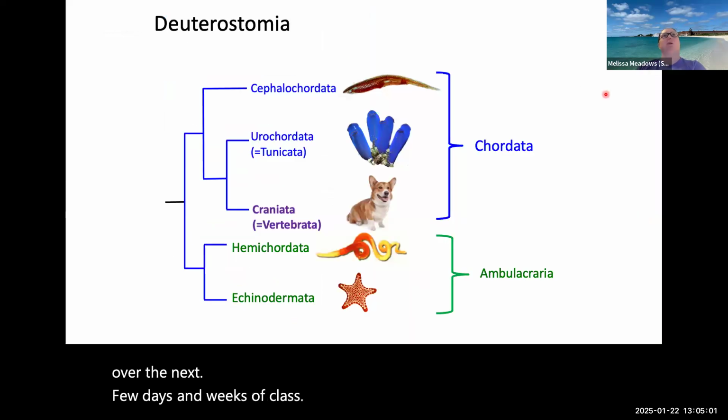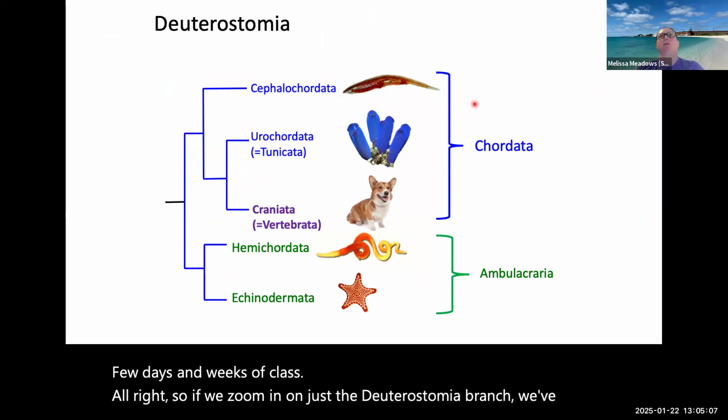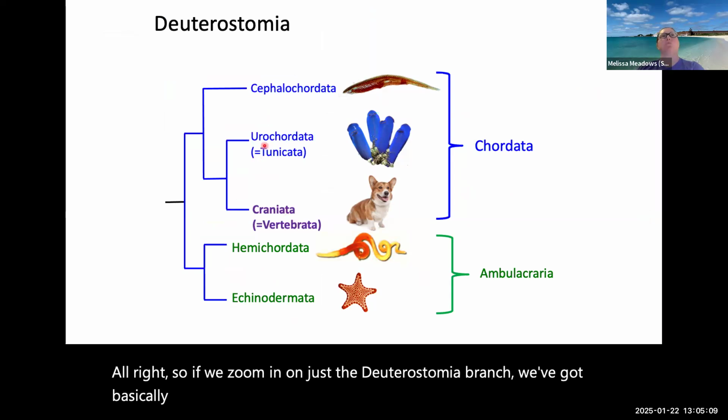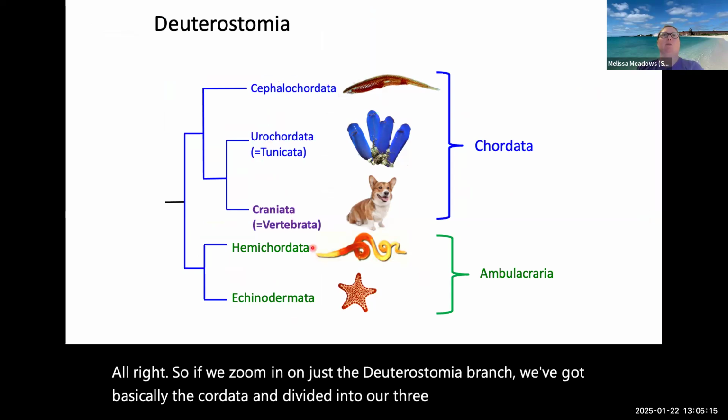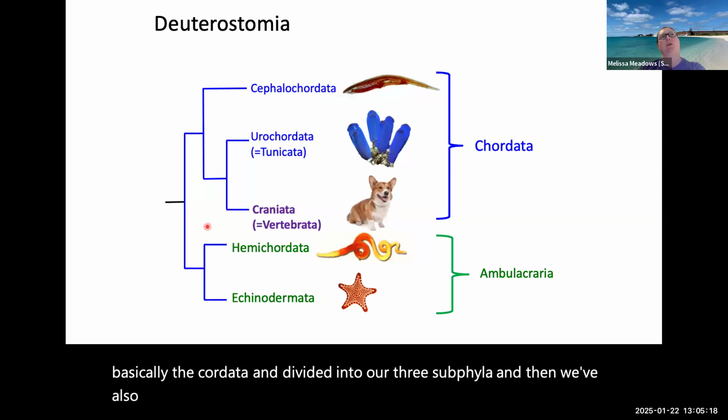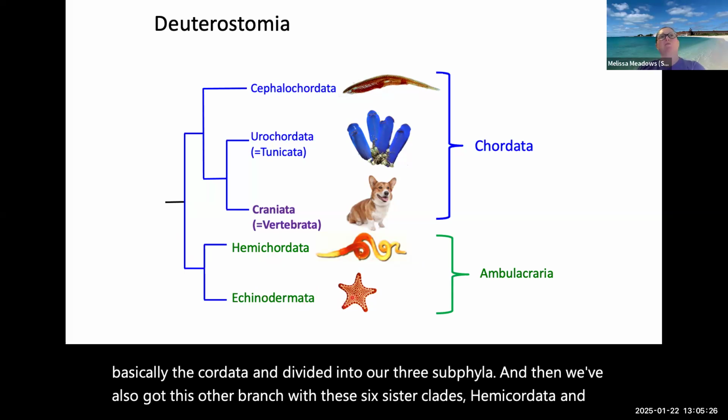All right, so if we zoom in on just the Deuterostomia branch, we've got basically the Chordata divided into our three subphyla. And then we've also got this other branch with these sister clades, Hemichordata and Echinodermata.